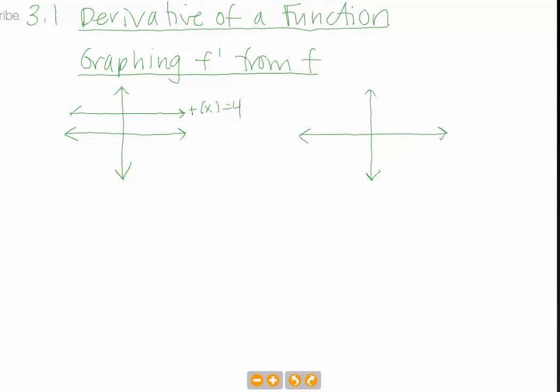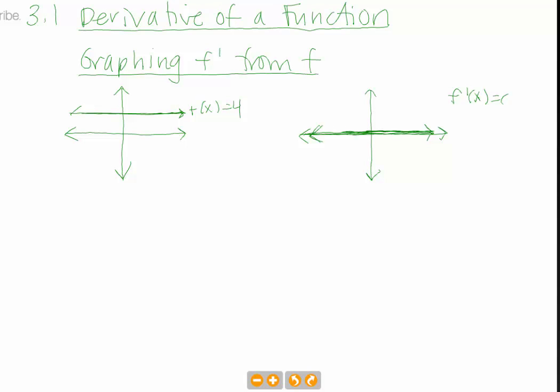Now I know that this line's slope is 0. So when I go to graph f prime of x, everywhere along that line, the slope is 0. So when I go to graph that line, it's going to be kind of hard to see, so I'm going to make it dark here.